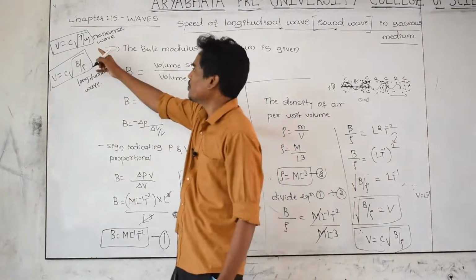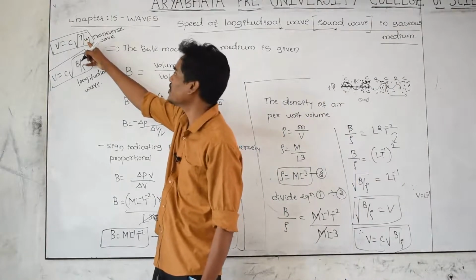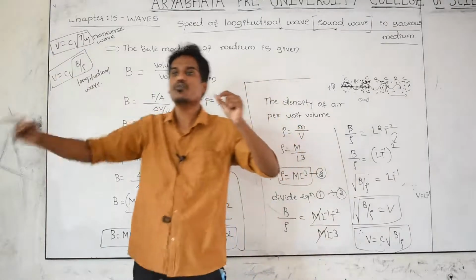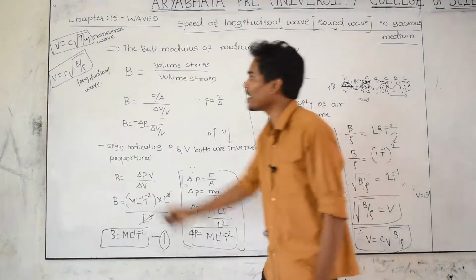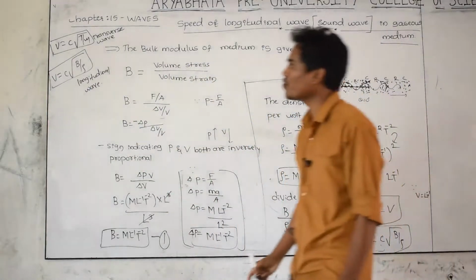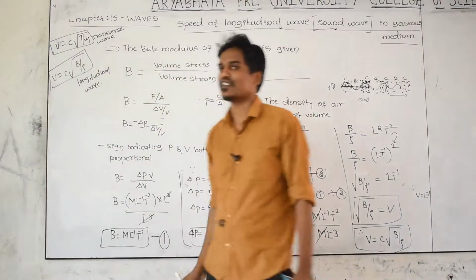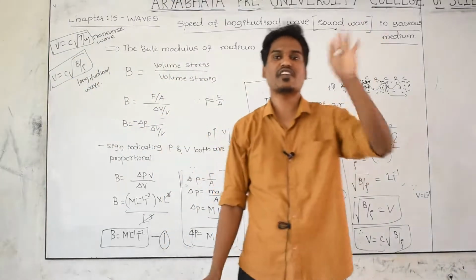The derivation of the speed of a transverse wave is tension by mass per unit length. I have taken here the example as waves produced in a rope. And this is the formula in order to find out the speed of a longitudinal wave. For longitudinal wave I have taken the example of a sound wave. Velocity is equal to constant into root of bulk modulus by density, and here C is always the same, its value is always 1.